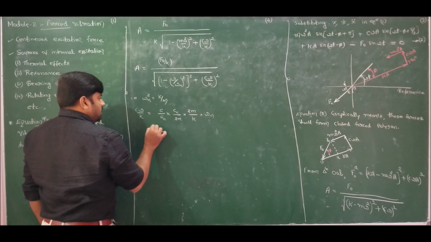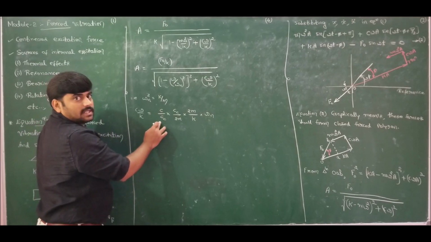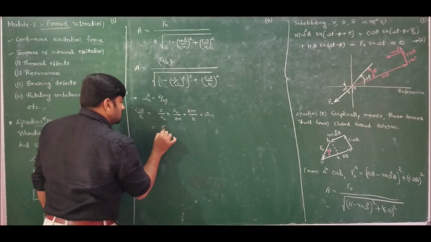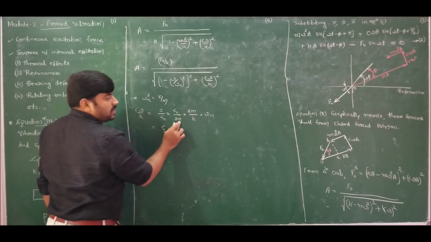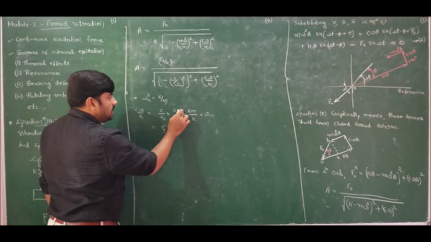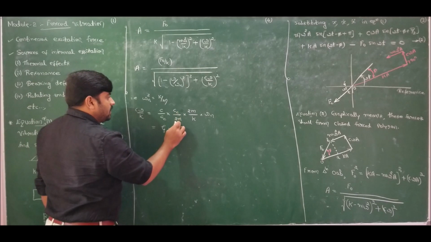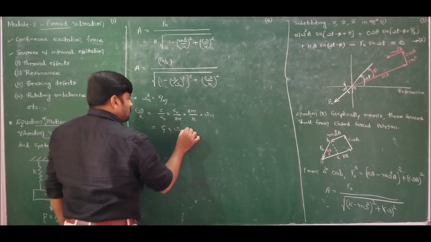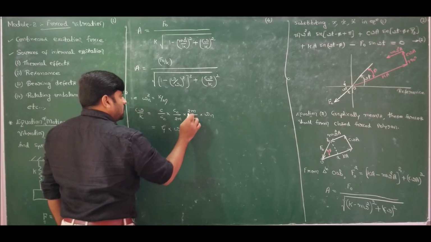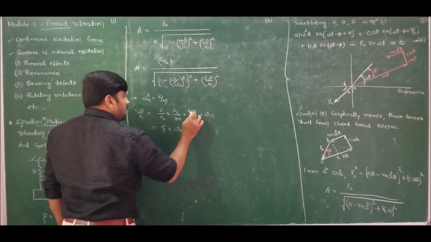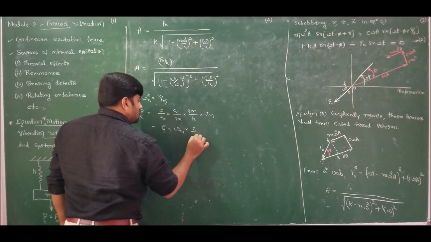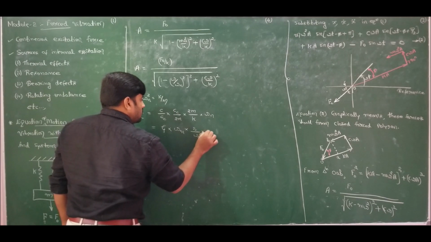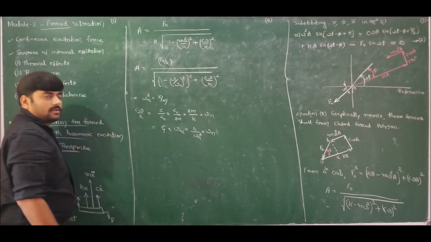Now recollect, what is C by CC? C by CC is damping ratio, zeta. CC is 2 m omega n. So therefore CC by 2m can be written as what? Omega n into 2m by K. K by m is omega n square, correct? So it is omega n square into omega n.